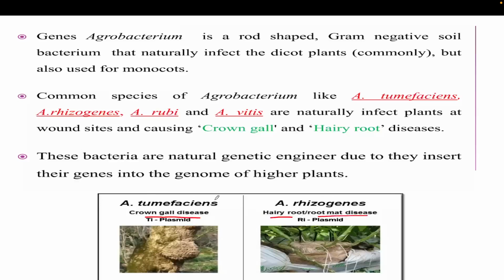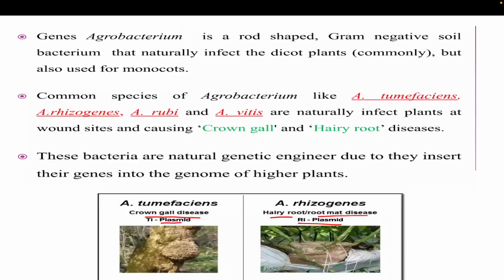The plasmid contained by Agrobacterium tumefaciens is the TI plasmid, the tumor inducing plasmid, and Agrobacterium rhizogenes contains the RI plasmid, the root inducing plasmid.